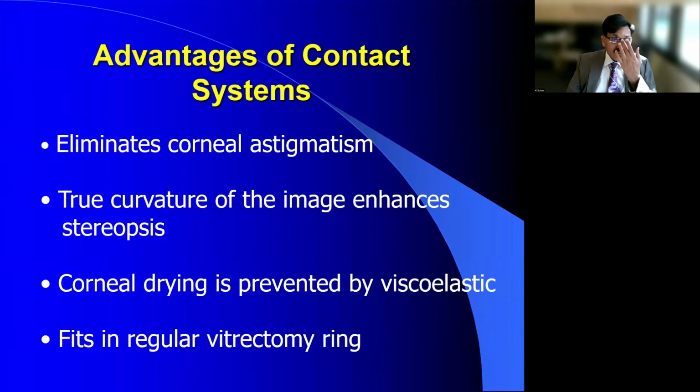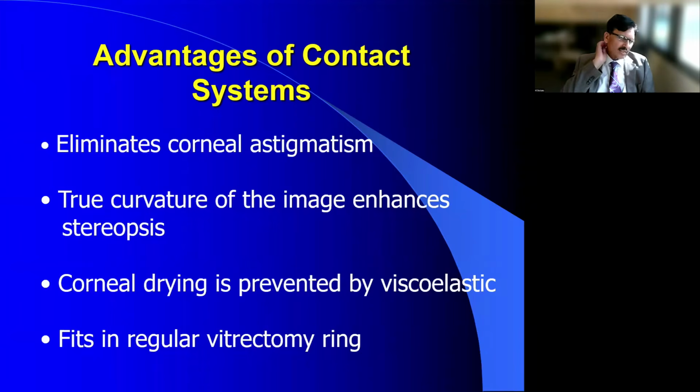And that is a function of how well you can see, and more importantly, how well you can see the 3D space of the area you're working in. So the more complicated the case, the better your contact lens system's imaging needs to be. For simple cases, it's not that essential, but for complicated cases, this is really important.